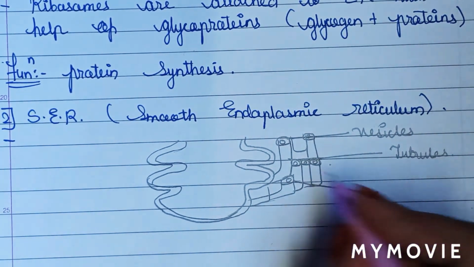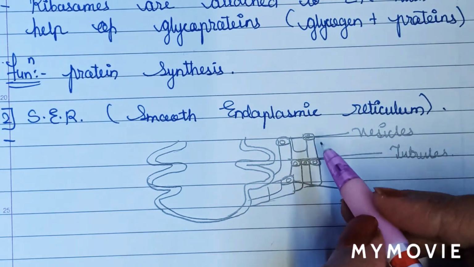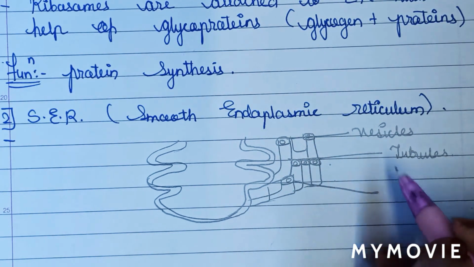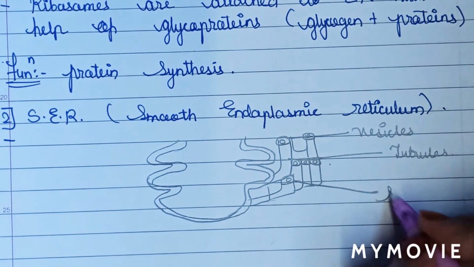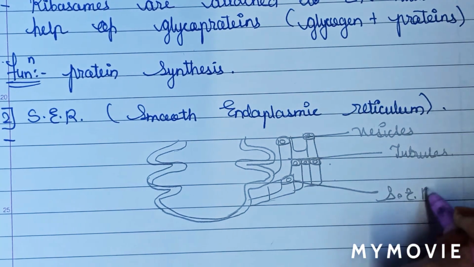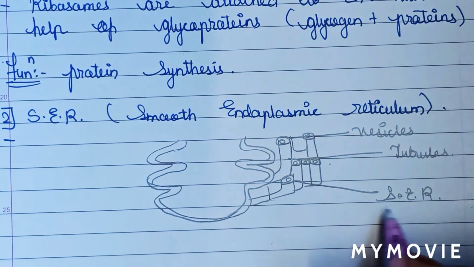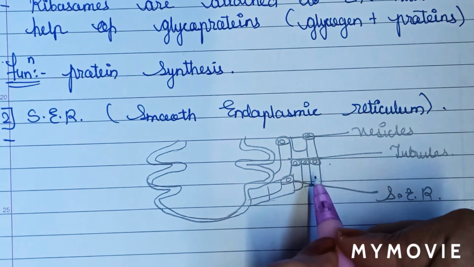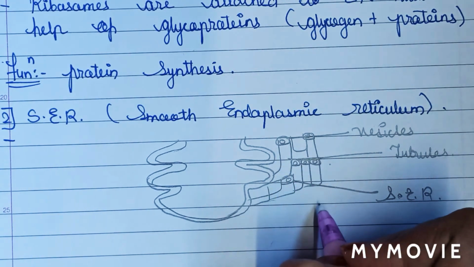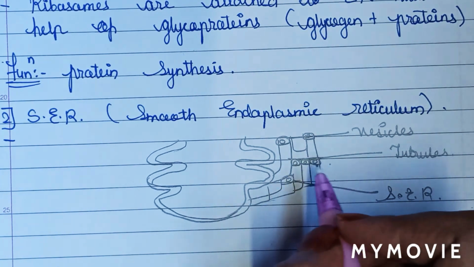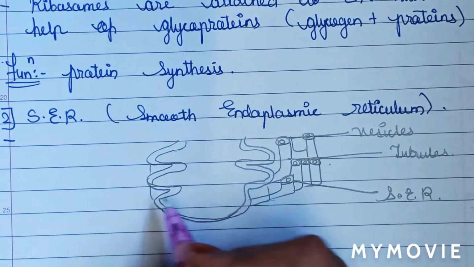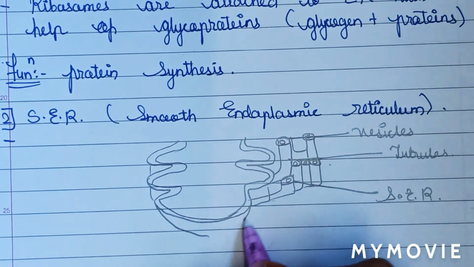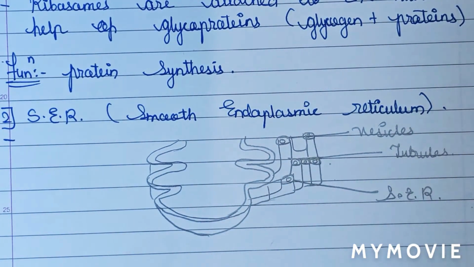This whole structure, vesicles plus tubules, is known as smooth endoplasmic reticulum. Ribosomes are absent; you can see the smooth surface here, meaning ribosomes are not present on this surface. So this was the structure of smooth endoplasmic reticulum.